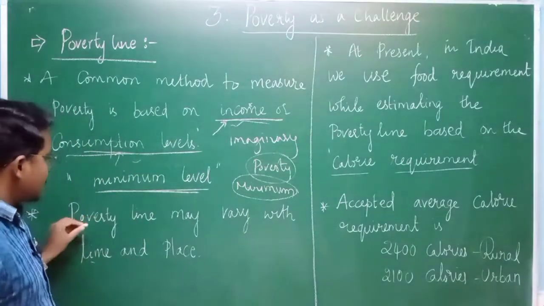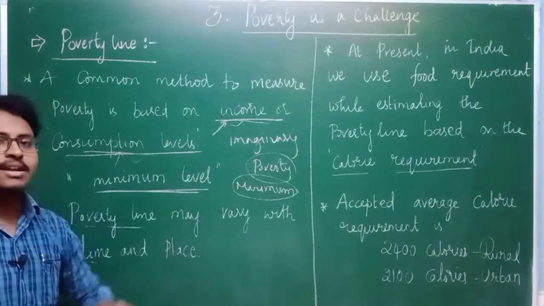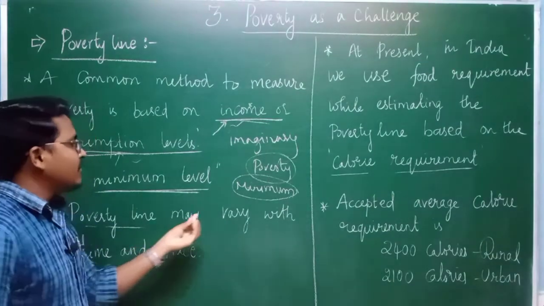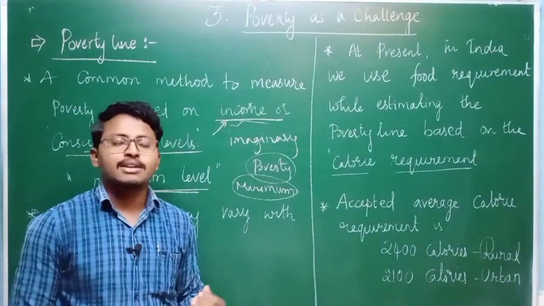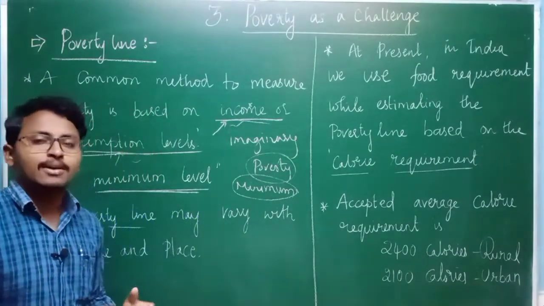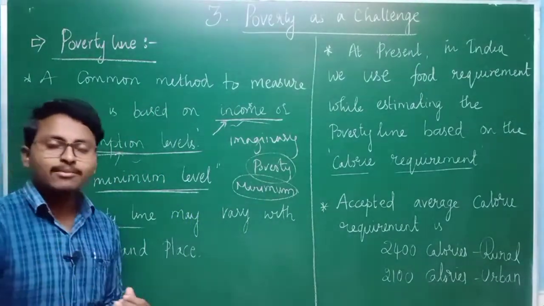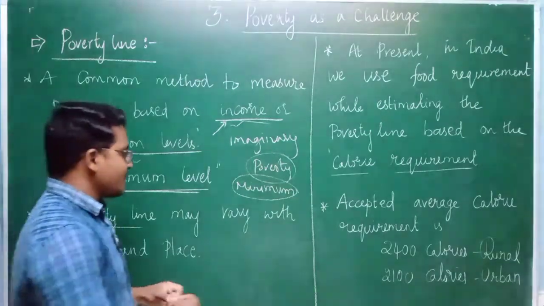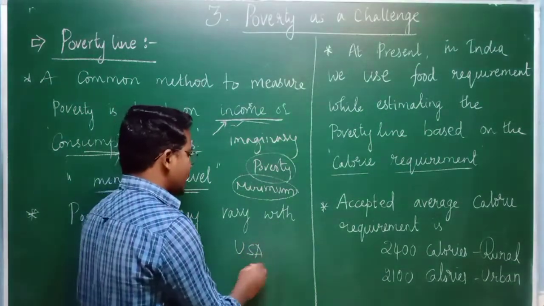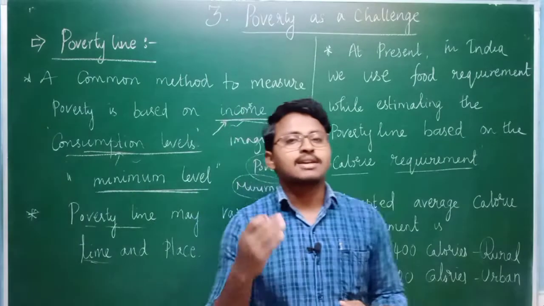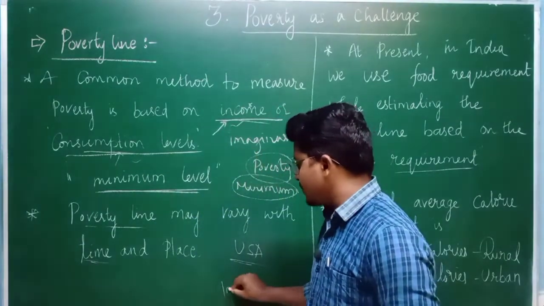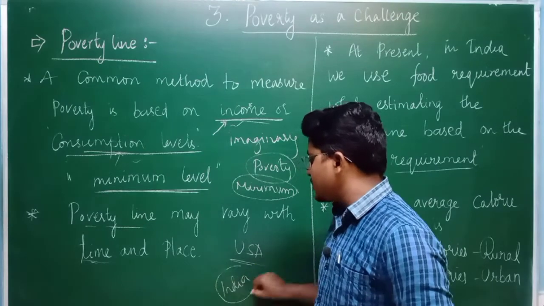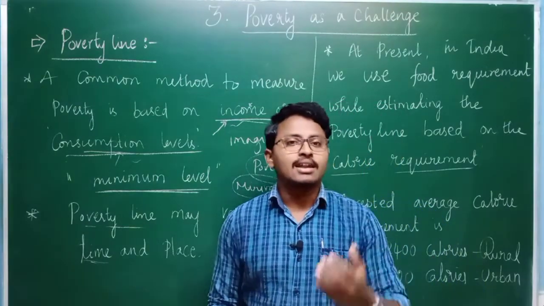And this poverty line, the imaginary line we are using, may vary with time and place. That means depending upon the place and the time, it may change from place to place as well as from time to time. For example, if you take the USA, not having a car is considered something like poverty, whereas in India, if a person owns a car, we consider it a luxury item.